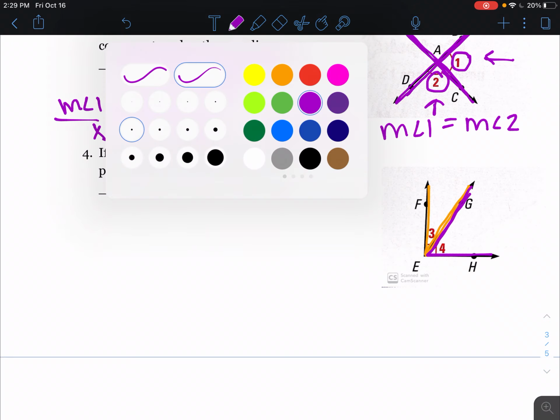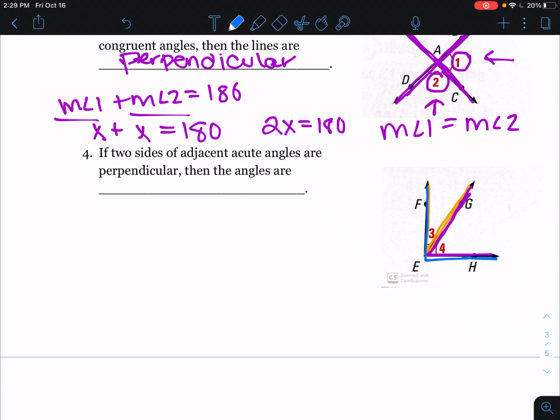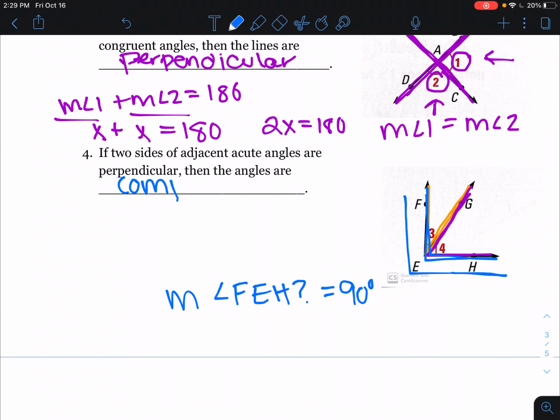It's saying that if those two sides that meet, the two unshared sides, are perpendicular, like it showed us right here, there's a square, then that means that 3 and 4 add up to what? What's the measure of angle FEH? It's a right angle, so that means it's 90 degrees. Two angles together that are 90 degrees are complementary.